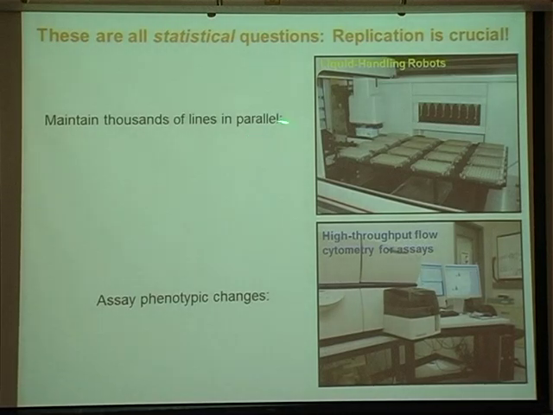But nowadays, this wasn't possible when Rich started his lines, it's possible to maintain thousands and thousands of lines in parallel. In my lab, we routinely maintain 5,000 lines in parallel using liquid handling robots to pipette things around and do all these dilutions. We can measure fitnesses in thousands of replicates at a time in a similar way using high throughput flow cytometry.